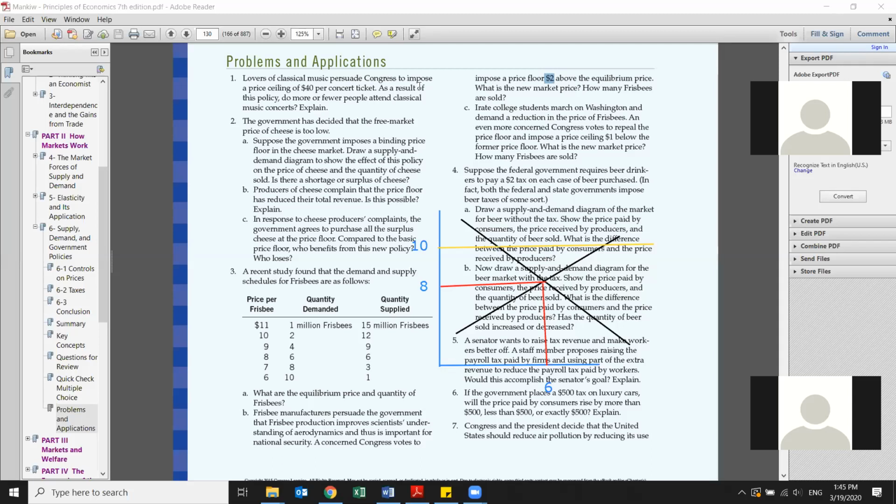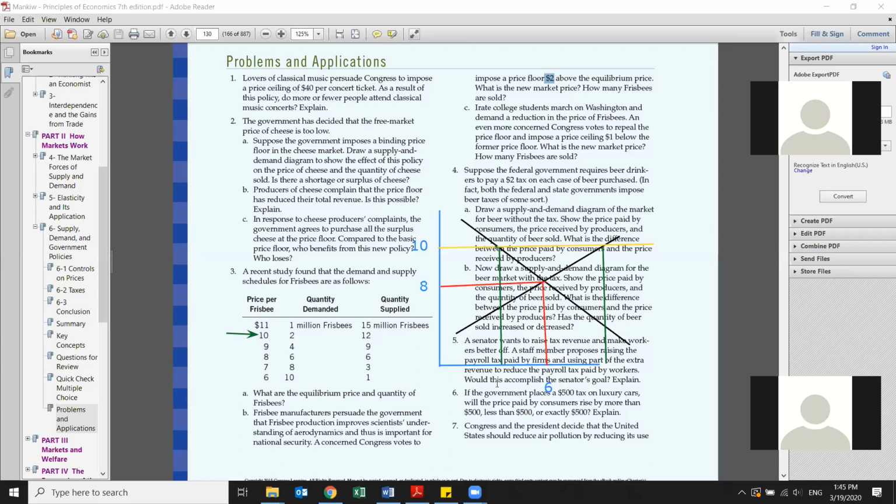I hope everyone is following me. At a price of $10, the economy will shrink. The production will go down. You can see what the quantity demanded and the quantity supplied will be. At $10, the quantity demanded is 2 and the quantity supplied is 12.